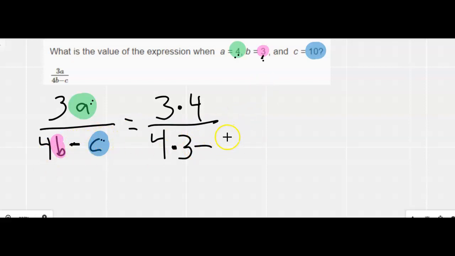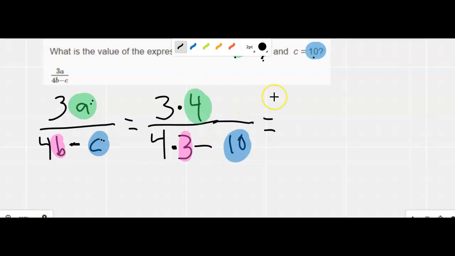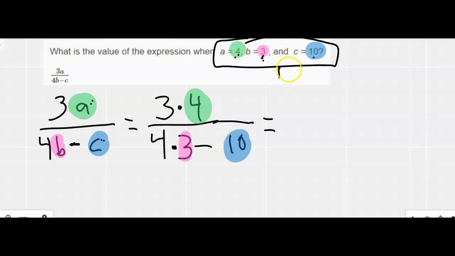Instead of a C, we're going to put 10. And I just remembered somebody in a help session said, this is your key. Use this as the key to what goes in here. Ta-da. That's so helpful. Okay, then 3 times 4 is 12.